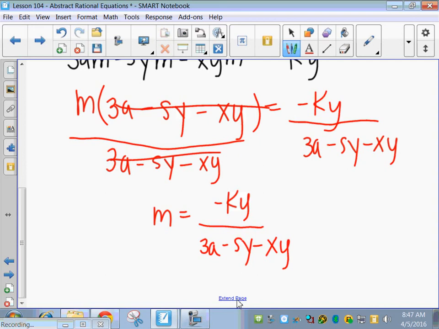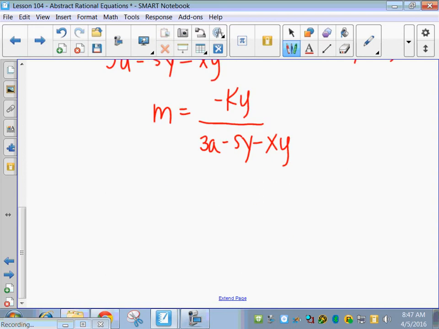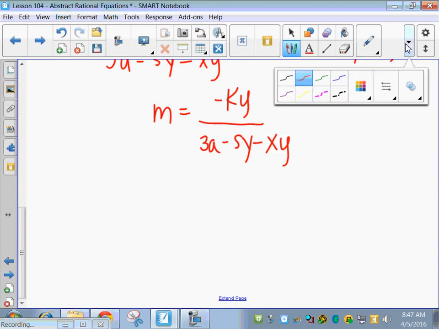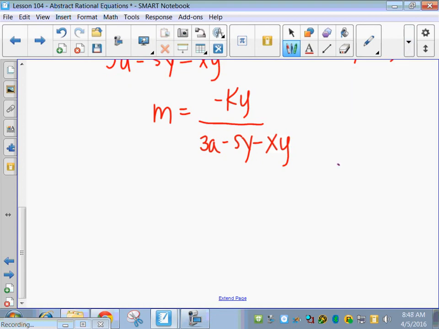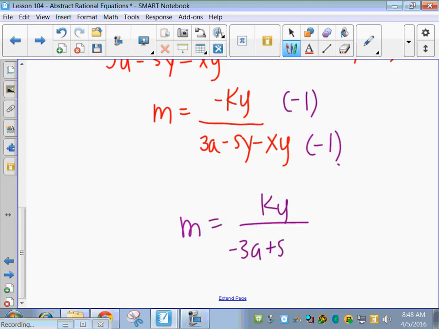Okay, your answer might be different from the back of the book. So when you're checking your answer, if you would have moved everything to the opposite side, okay, then you could get a different answer. Here's how you check. If you multiply by -1 over -1 on your fraction, this would change that to positive, the 3a to negative, the sy to positive, the xy to positive.